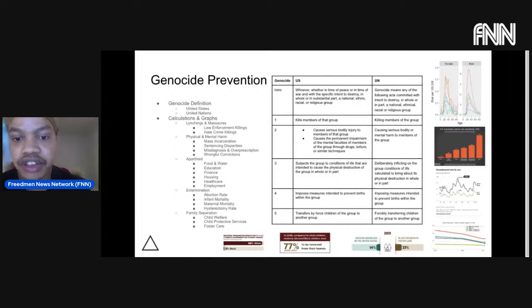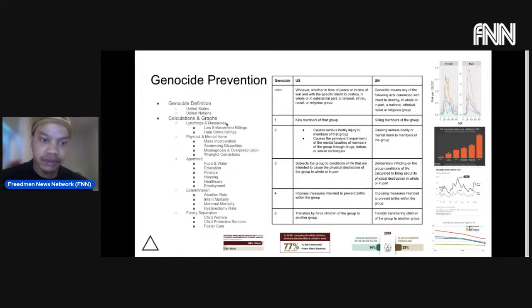Three, subjects the group to conditions of life that are intended to cause the physical destruction of the group in whole or in part. Four, imposes measures intended to prevent births within the group. And five, transfers by force children of the group to another group.